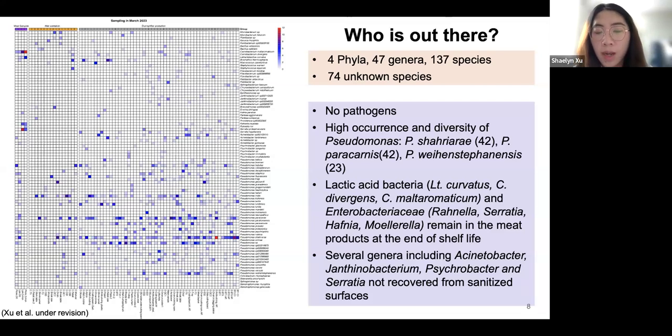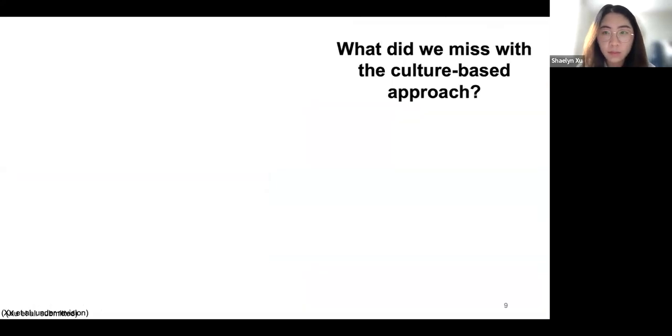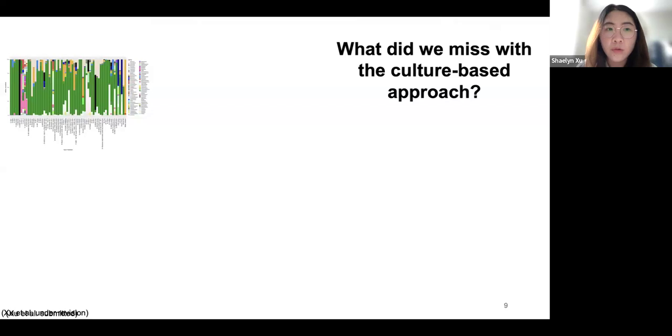Most of the microbes can survive after the cleaning and sanitation. However, some genera such as Acinetobacter, Xanthomonas, Saccharibacter, as well as Serratia were not recovered from the sanitized surfaces. So remember, I also ran the 16S sequencing to reveal any microorganisms that we might miss by the culture-based approach.